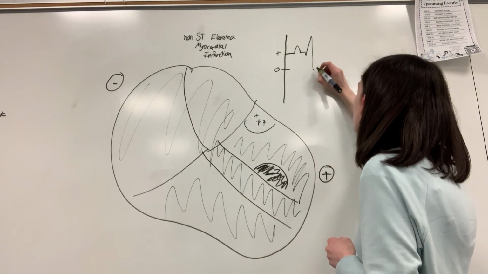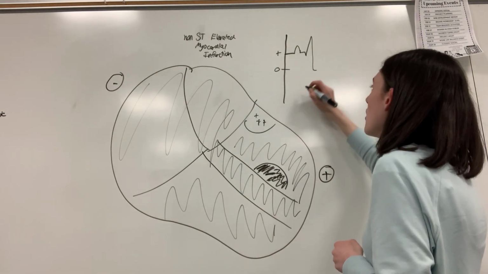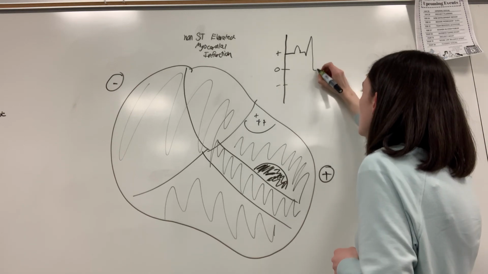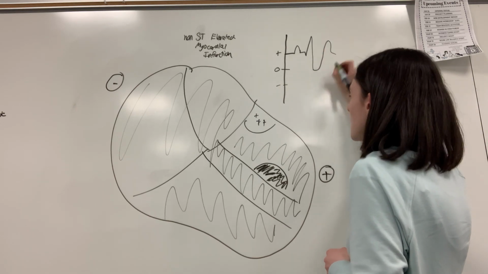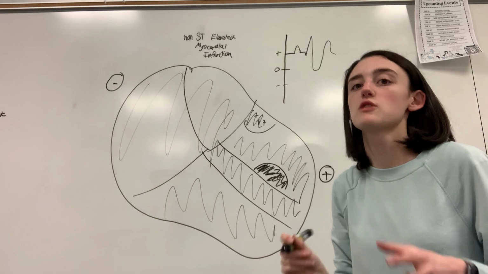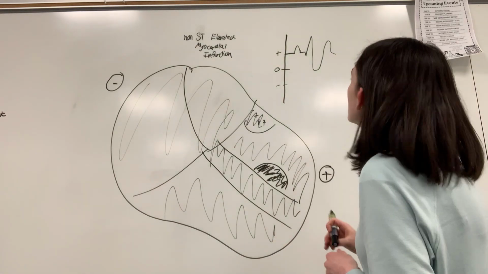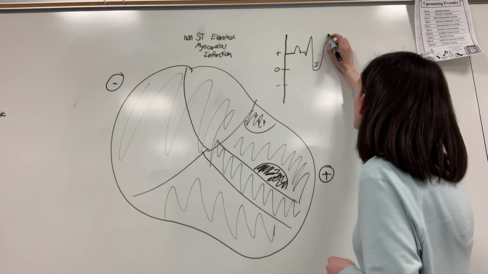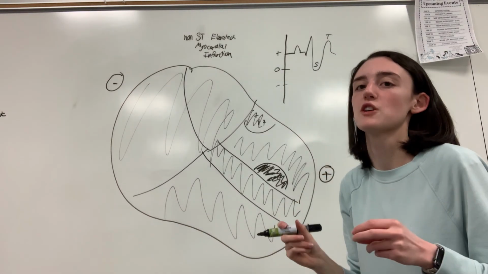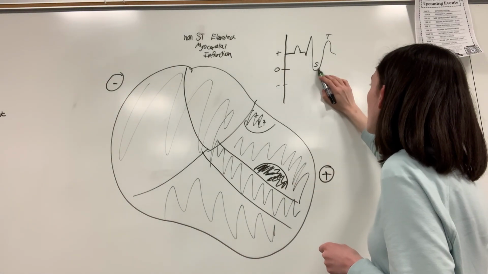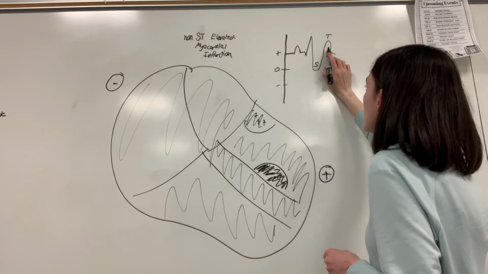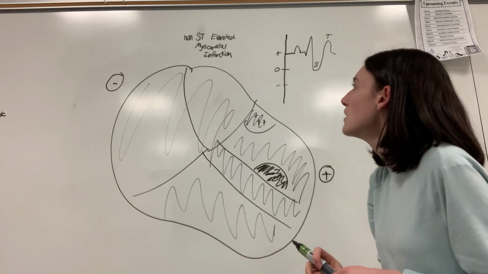And so our S wave is going to come all the way down to our original line, and then our T wave is going to come back up because when we repolarize the heart, it's going to detect a dipole again. So now we have our new ST wave. We call that our ST depression because our S wave is a lot lower than our baseline, and then our T wave is going to come back up.